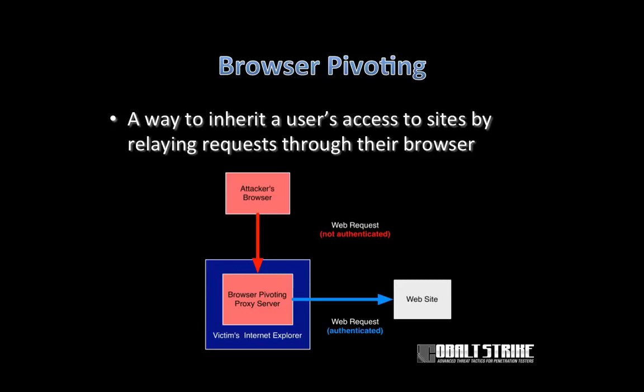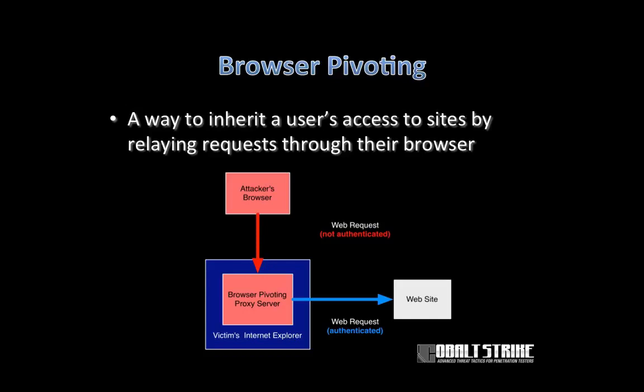The browser pivoting agent will get Internet Explorer to fulfill the request, and even better, Internet Explorer, when it fulfills the request, will automatically insert the user's authentication material into that request. Meaning, if the user is logged into facebook.com and you go to facebook.com through the browser pivot, the user's browser will fulfill those requests for you, and you will be logged into facebook.com as that user.